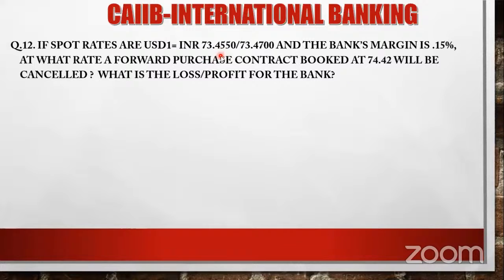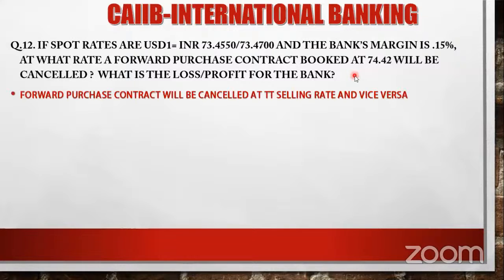The forward contract was booked at 74.42. Already a contract is booked. When you booked the contract, don't worry. Now today he is cancelling. At what rate will it be cancelled? Whether it is going to be a profit or loss. Beautiful question. If you have understood this, you are going to get 2 extra marks in the final exam. You understood this cancellation part theoretically and step by step.